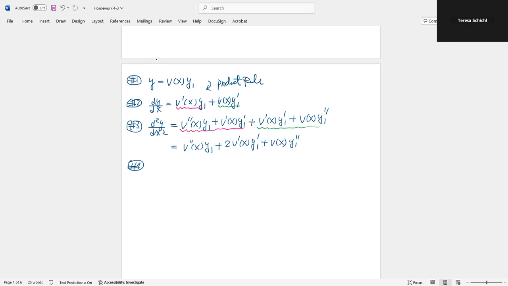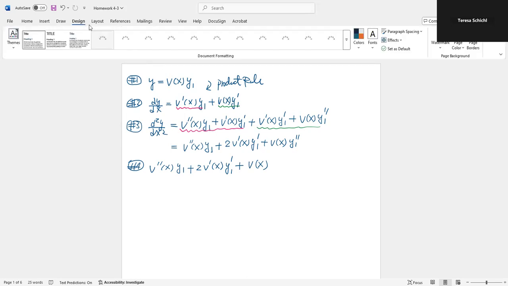Continuing, we have v double prime of x times y1, plus 2 v prime times y1 prime; nothing changed for the first couple of items. Now, the v of x term is here.